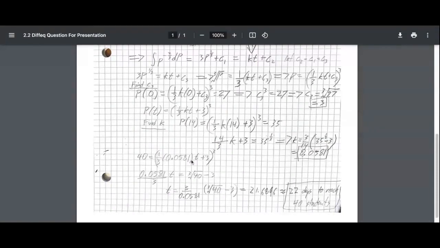Some algebra, just taking the cube root and dividing by 3, and then flipping the stuff on the left side to the right side, basically multiplying by 3, then dividing by k, 0.0581. And this ends up being 21.6896 days, which is approximately 22 days to reach 40 students for the classroom to be closed off.